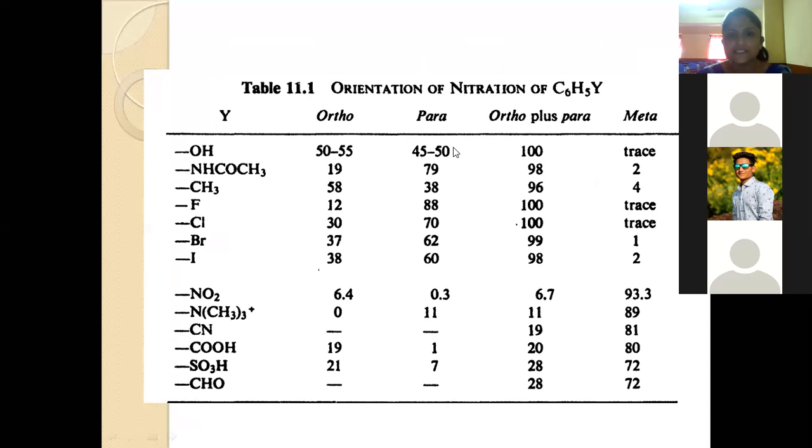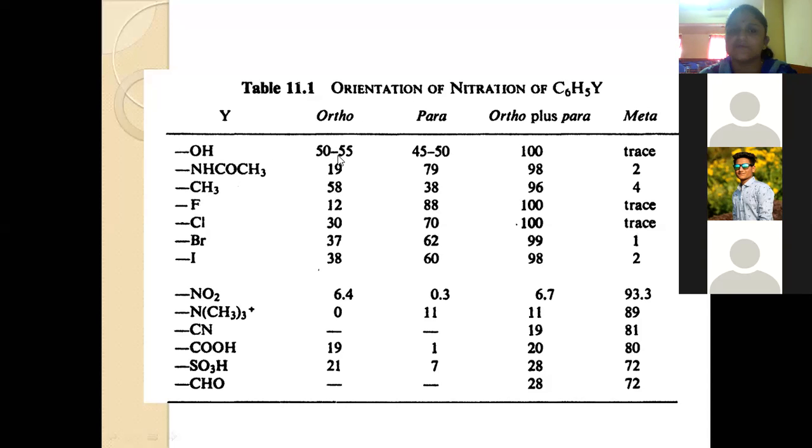This is a percentage value showing how they are attacking the benzene ring, at ortho, para, both ortho and para, or meta. These are the groups of functions: hydroxyl, amide, methyl, then fluorine, chlorine, bromine and iodine. Now what is the percentage for the hydroxyl group?